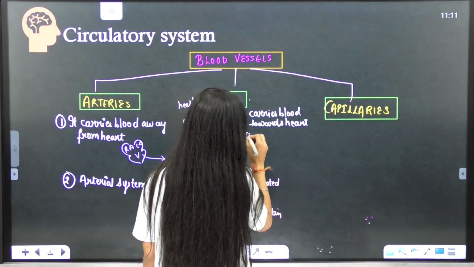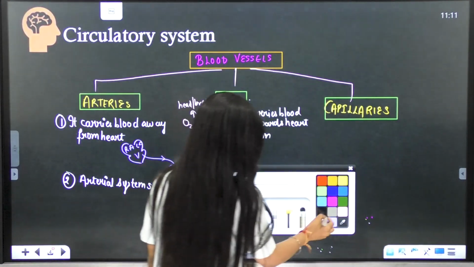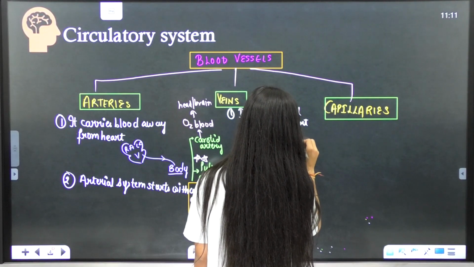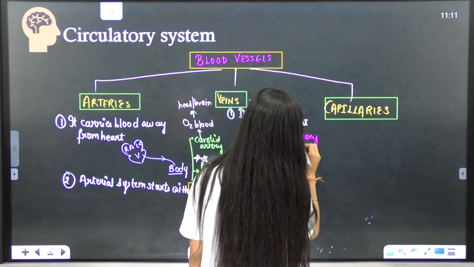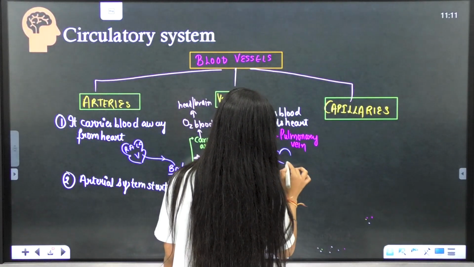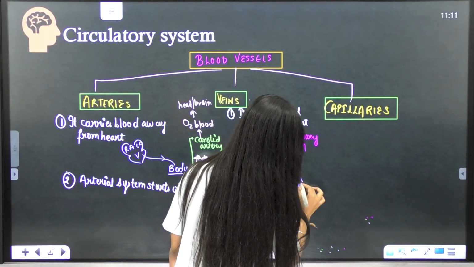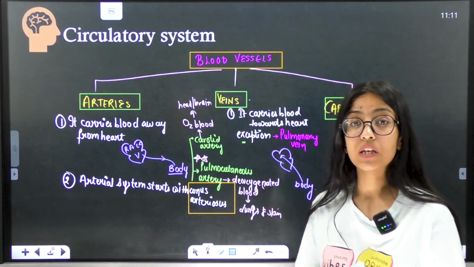Exception, ma'am, pulmonary vein. So it carries blood towards heart from body.